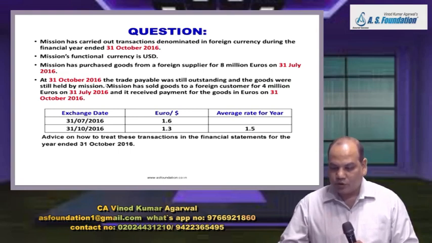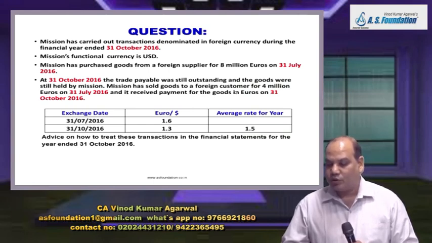On 31st October 16, the trade payable was still outstanding. So you have to revalue at closing rate, which is 1.30, and the goods were still held by mission. So again you have to apply the valuation of inventory principle, cost or NRV, whichever is lower.